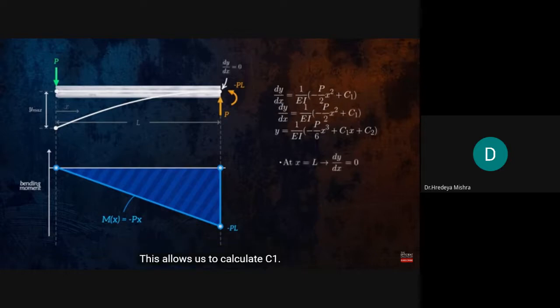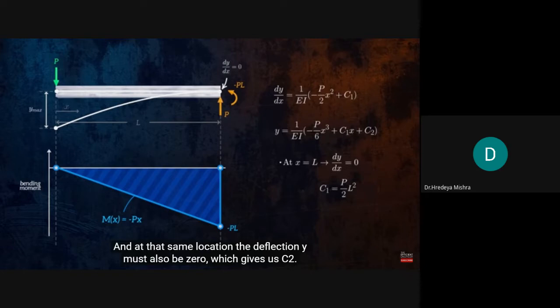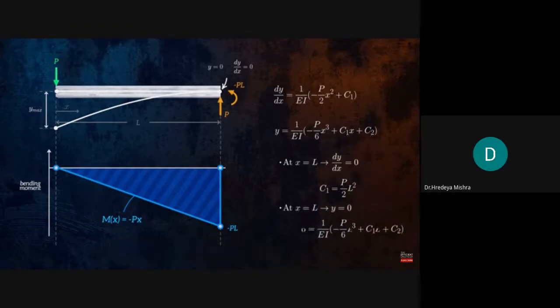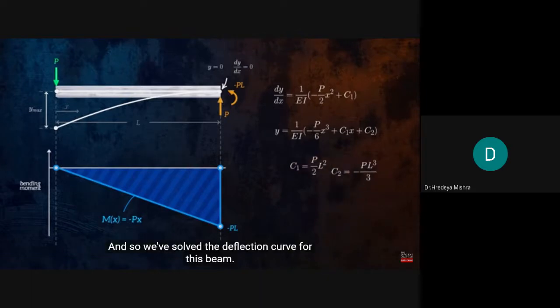This allows us to calculate C1. And at the same location, the deflection y must also be 0, which gives us C2. And so, we've solved the deflection curve for this beam.